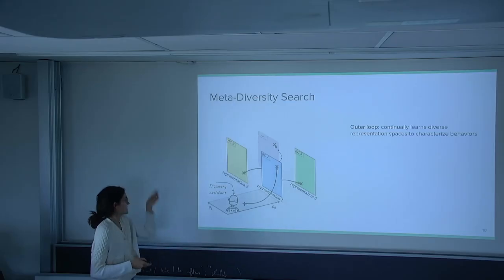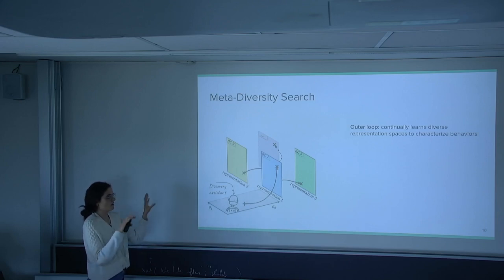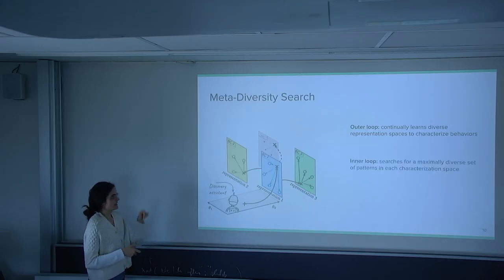So in meta-diversity search, you have an outer loop where the agent has to learn new representation spaces of the discoveries, and then in an inner loop, you do the more traditional diversity search in those different spaces.